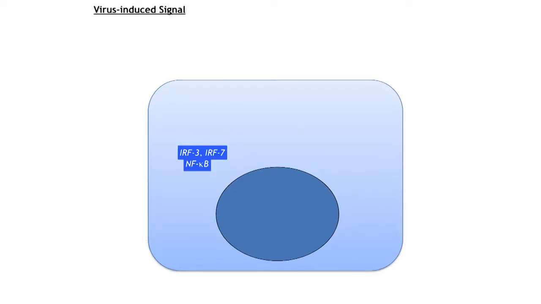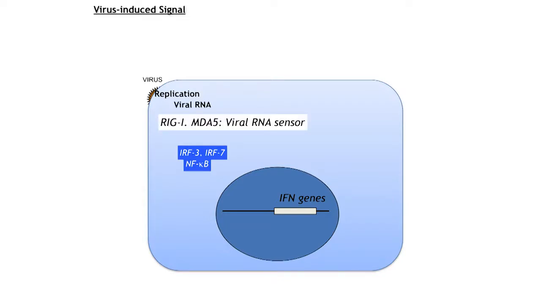Then, how is interferon produced? Interferon is a group of proteins encoded in interferon genes. However, normally, interferon genes are not active. When a virus infects a cell and starts replication, viral RNA is generated.